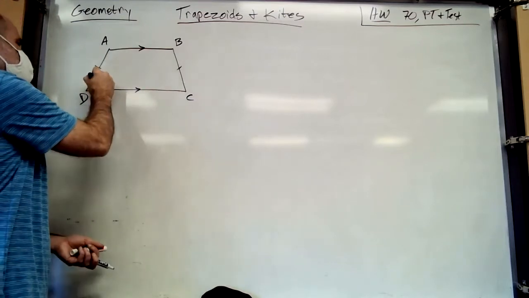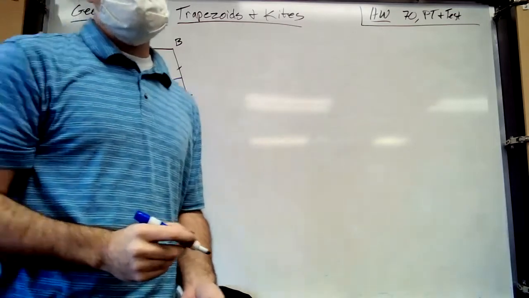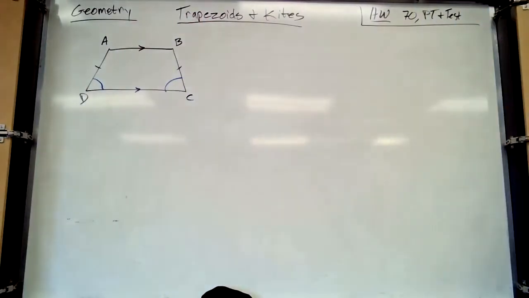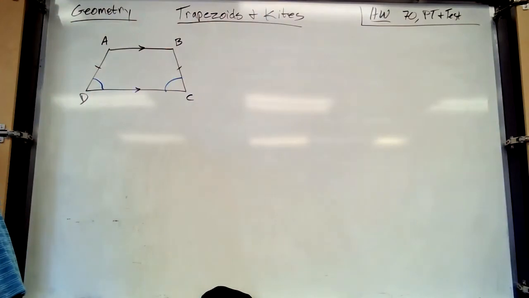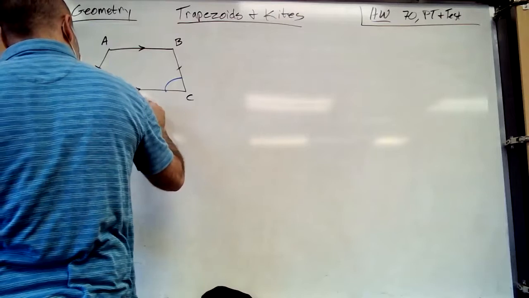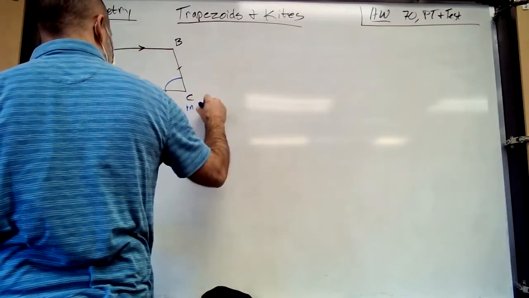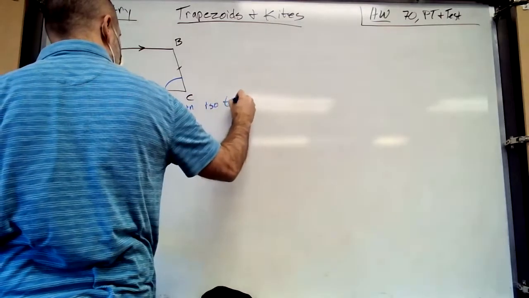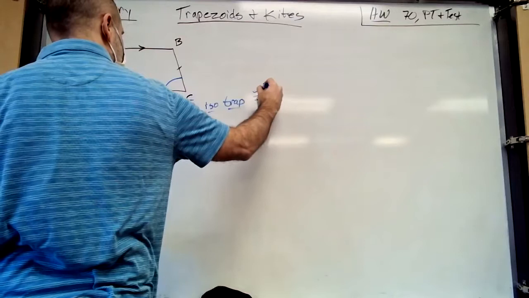But basically what I'm trying to get to is that these angles are the same. So if the legs are the same, then those angles are the same. Now there's a special name for those angles. We call them base angles. So these guys are the base angles. Base angles in an isosceles trapezoid are congruent.